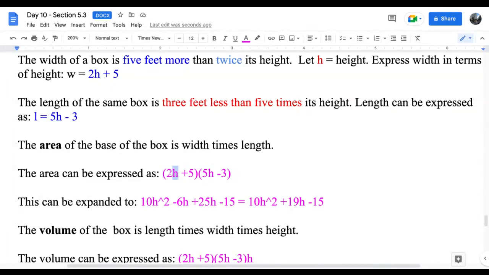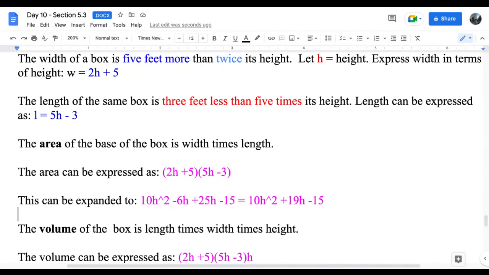Then 2h times negative 3 is negative 6h, and 5 times 5h is 25h. Negative 6 plus 25 is positive 19h.